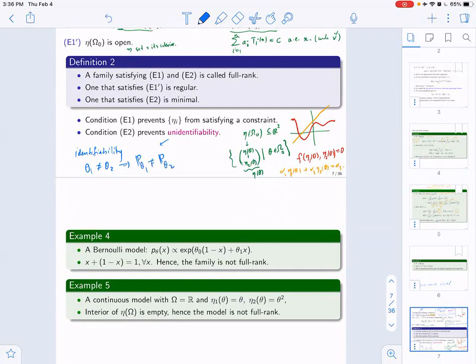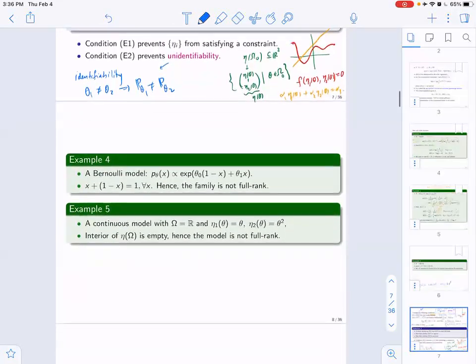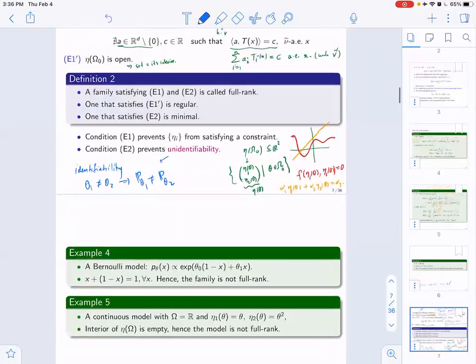So this is key in models being well-defined or valid from a statistical perspective, or at least that the parameter of interest be reasonable or estimable. Otherwise, we can't really estimate the parameter. Okay, any questions about this?